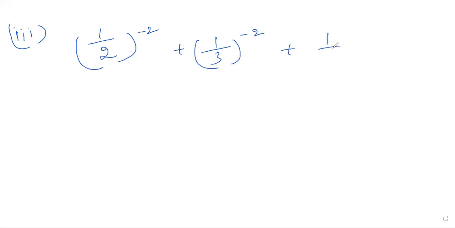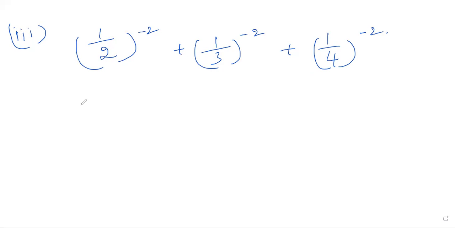Next, third question. 1 by 2 whole to the power of minus 2, 1 by 3 whole to the power of minus 2, 1 by 4 whole to the power of minus 2. See how it changes here. 2 is in denominator here, right?